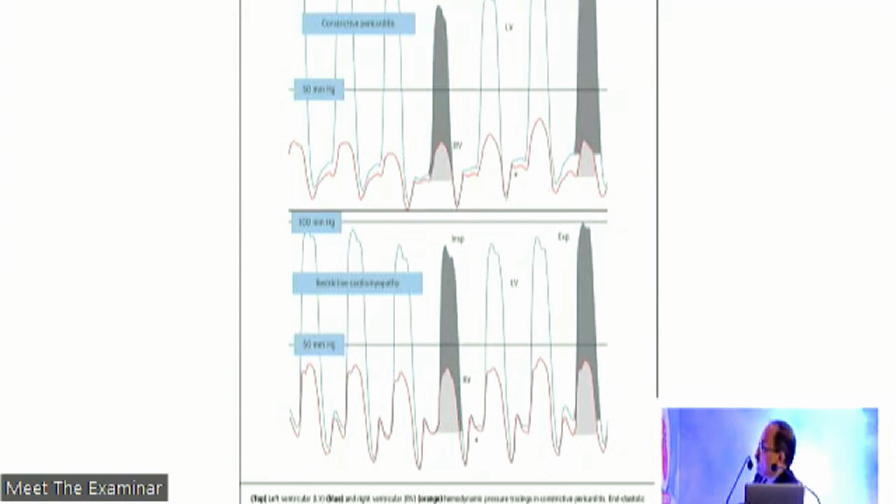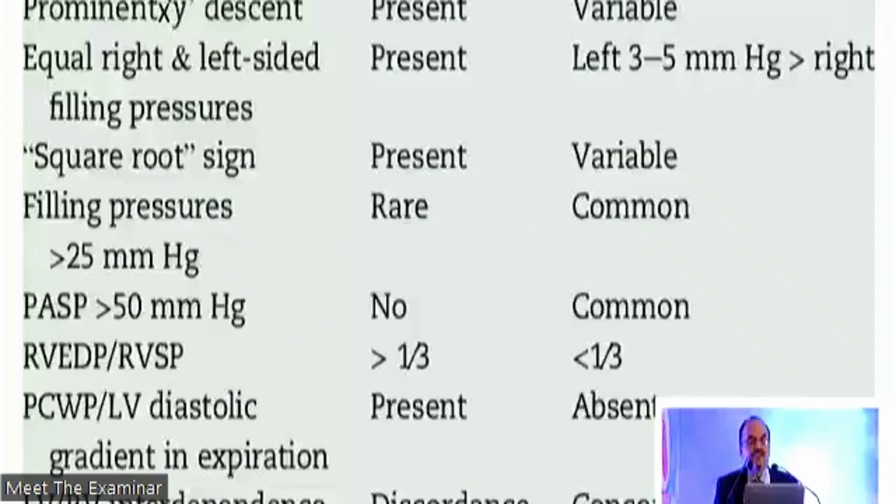There is a lot of variation between inspiration and expiration. If you focus on these gray areas, there's a lot of differentiation between the pressures in inspiration and expiration. That is the feature of constrictive pericarditis. In restrictive cardiomyopathy, that variation is not really present.